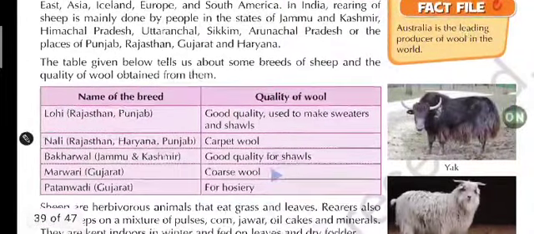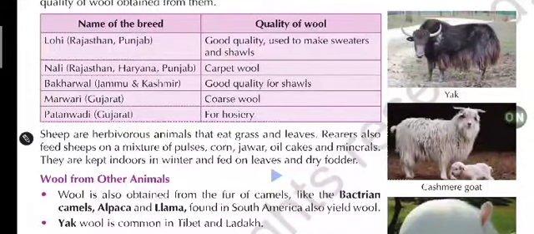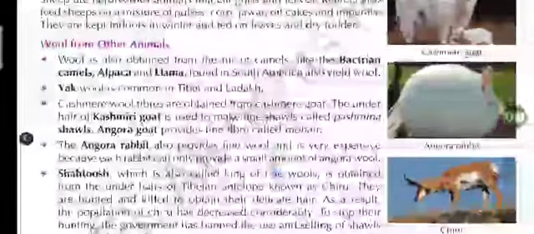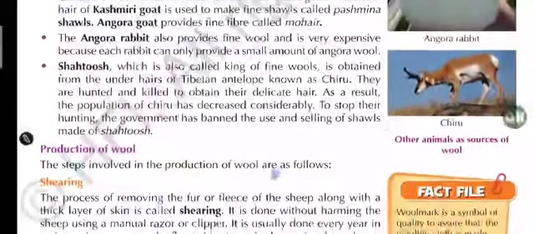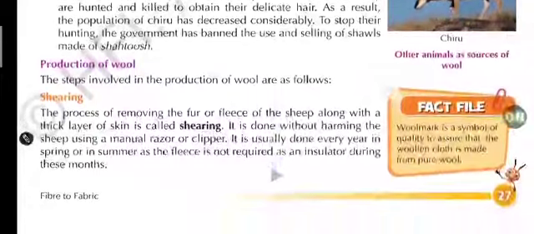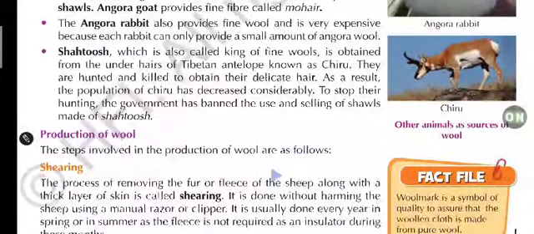Then different animals and the different qualities of wool which they produce, in this table we talked, and then we started the production of wool. So okay, today we start our chapter from the production of wool.